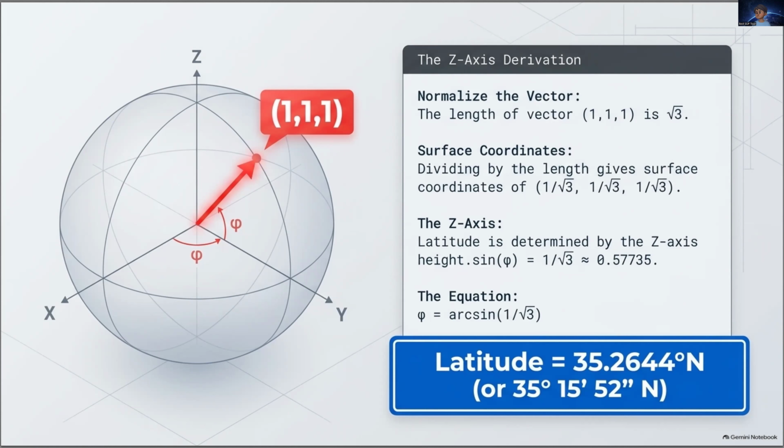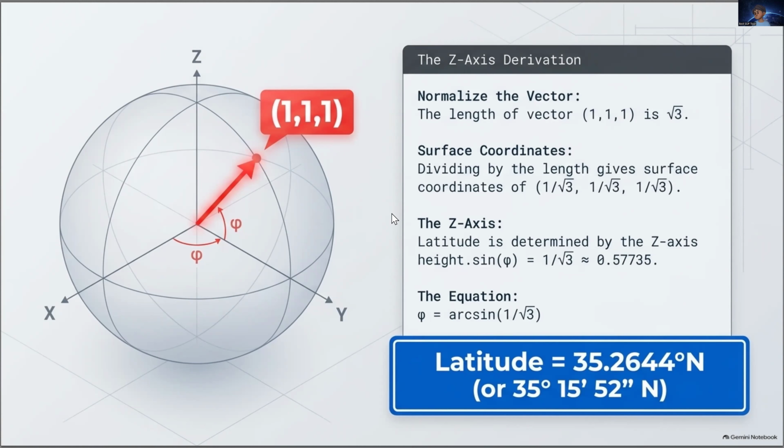Okay, surface coordinate: dividing by the length gives the surface coordinate over root 3, and the latitude is determined by the z-axis. Sine phi equals 1 divided by root 3, 0.57735.